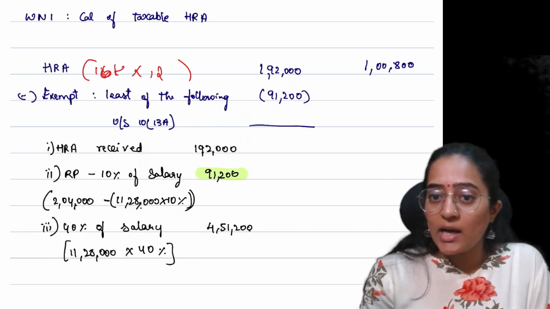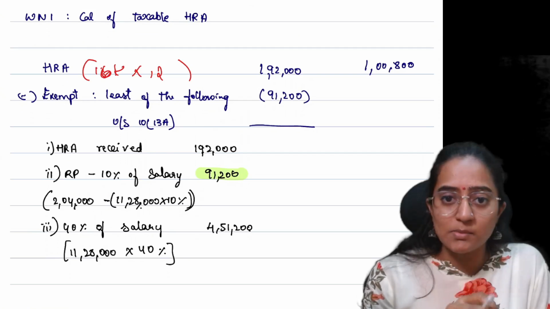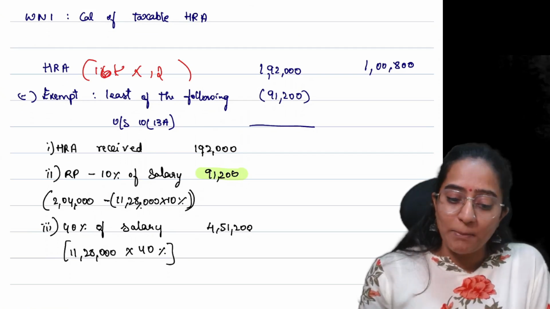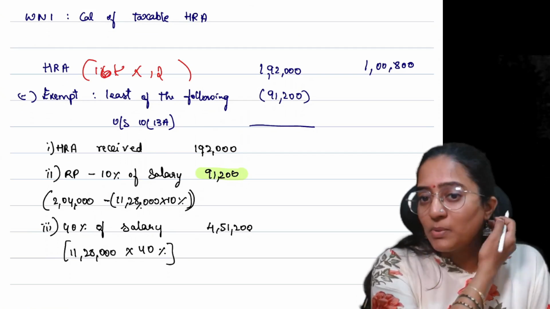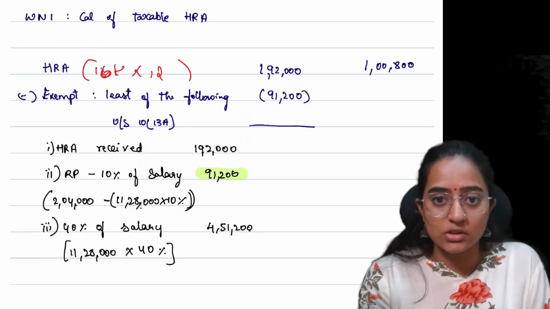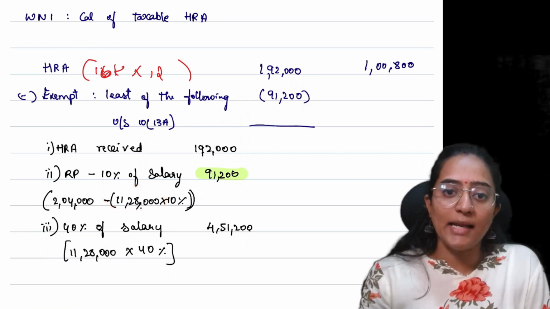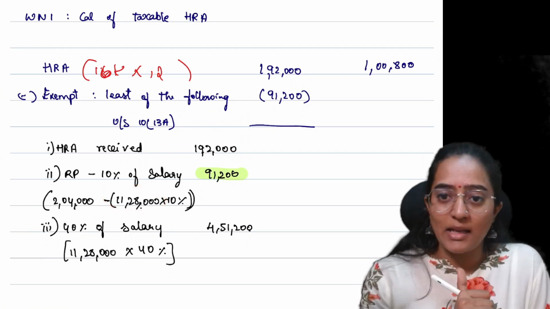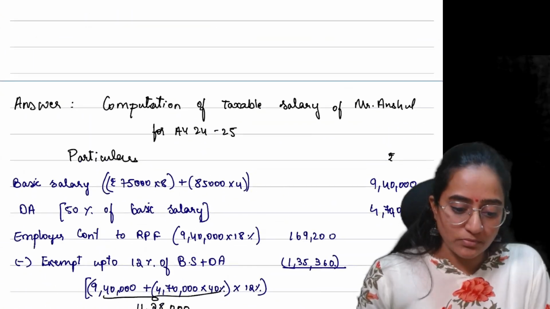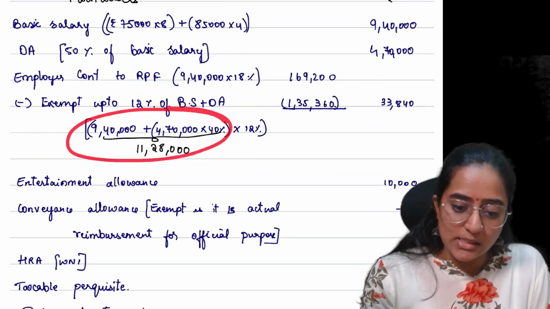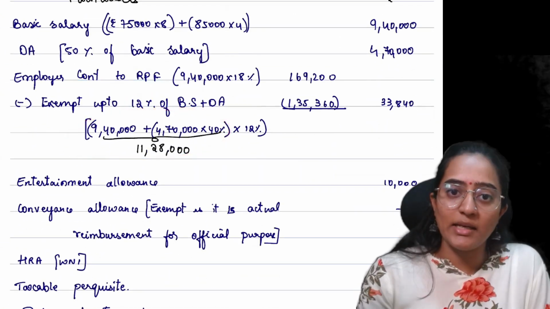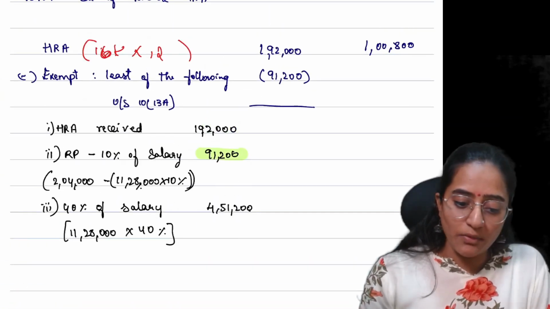Salary for the purpose of HRA would be basic plus DA in terms plus the turnover commission. There is no fixed percentage of turnover commission given in the question. So basic plus DA in total you will get 11,28,000. How did you get 11,28,000, people? If you do this math, the basic plus DA in terms is 11,28,000 only, no? The same thing you have got here.